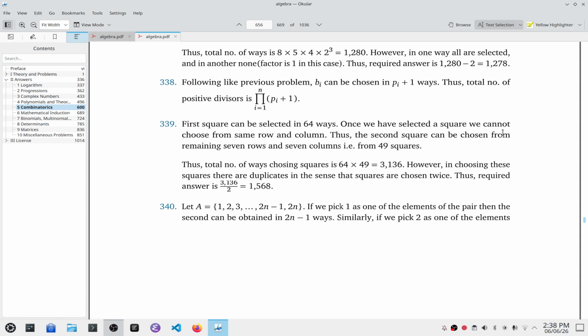Thus, the second square can be chosen from the remaining 7 rows and 7 columns, that is 49 ways. So we have a total of 64 multiplied by 49, that is 3136. However, in choosing these squares, there are duplicates in the sense that squares are chosen twice. Thus, required answer is 3136 over 2, that is 1568.